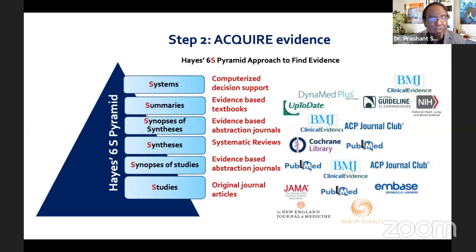They are not available in primary care settings. So if you want to search for your focused clinical question, you should start at the top and then go down to the bottom of the pyramid. This is a kind of map of where to start and where to go next if you're looking for the evidence.